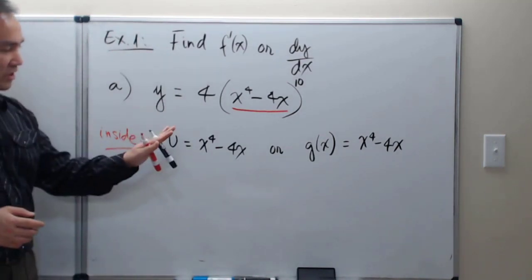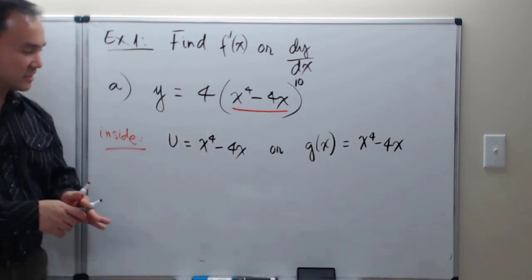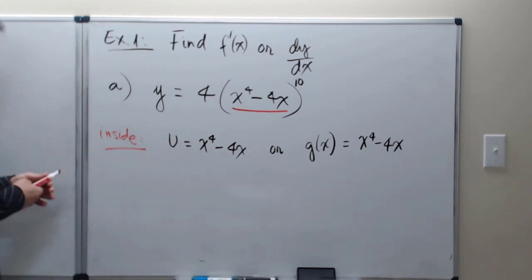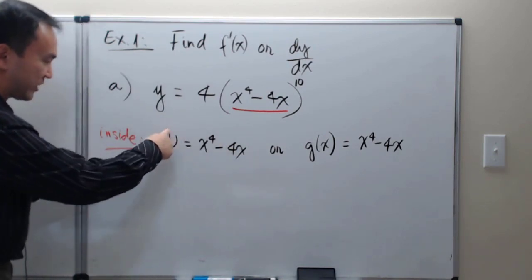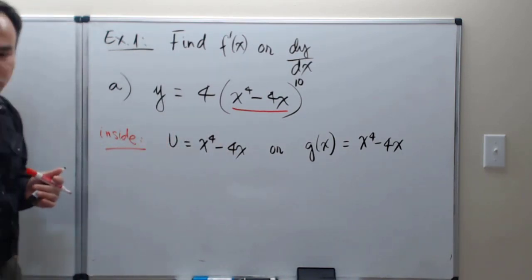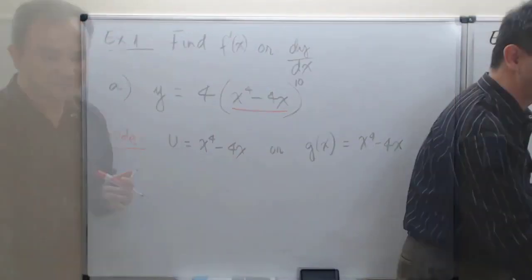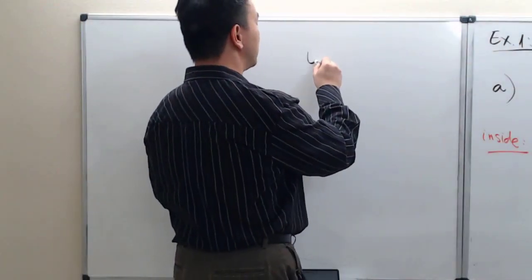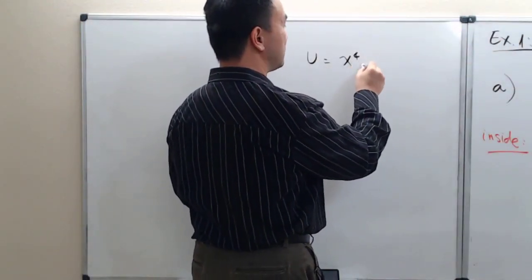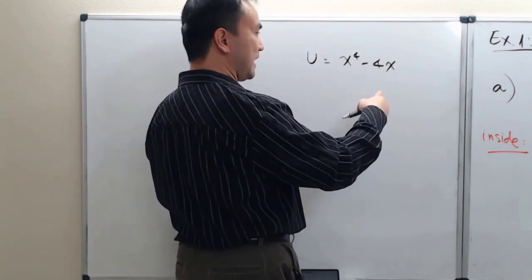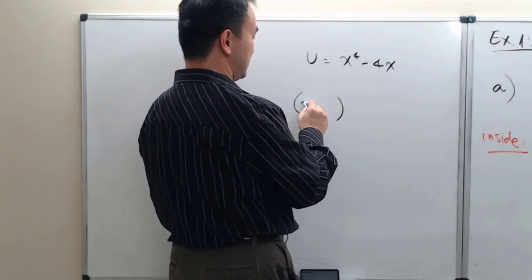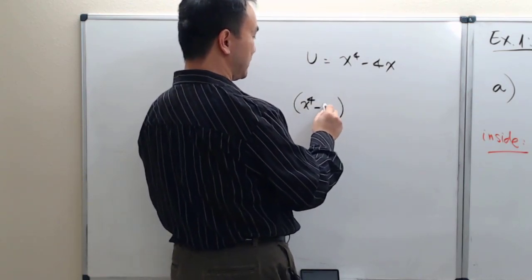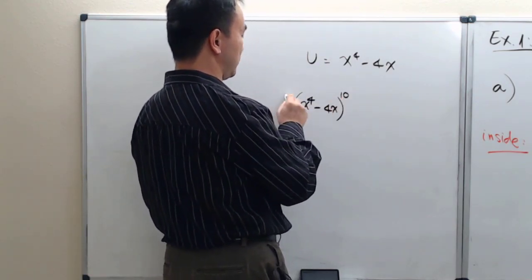But now once we recognize the inside and substitute away, let's tackle this expression right here with a little bit of scratch work. If we let u equal x to the 4th minus 4x, then back in the expression itself, it's going to be x to the 4th minus 4x raised to the 10th with a 4 in front.